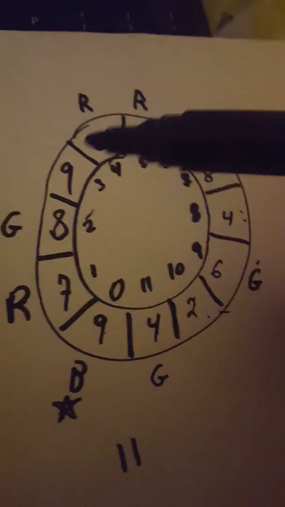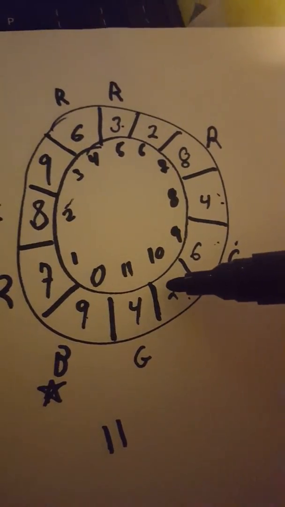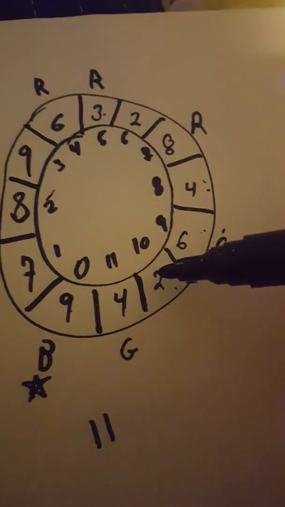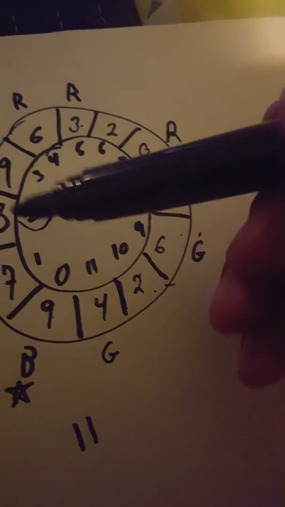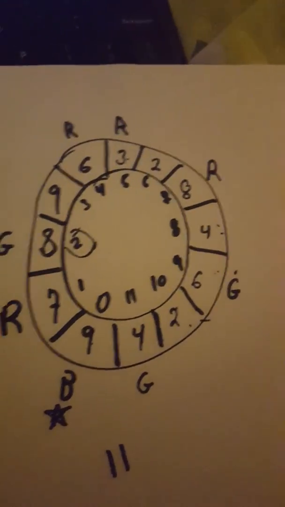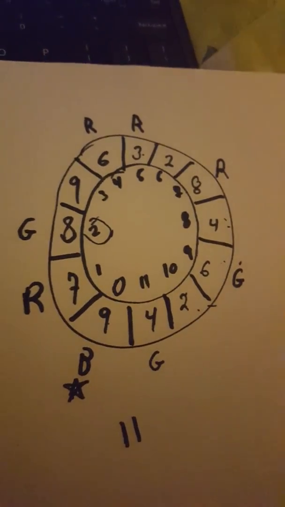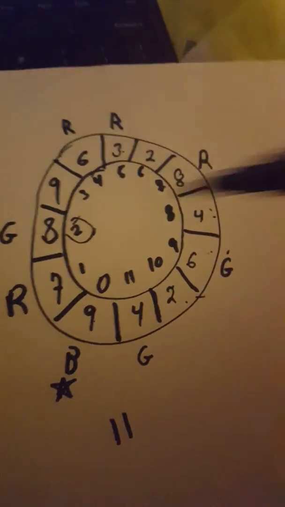So 8: 1, 2, 3, 4, 5, 6, 7, 8, and then 2: 1, 2. What's 8 plus 2? 10. What's the index? 2. 10 plus 2 is 12, and 12 is actually 0. This is actually in mathematics what we call the modulus, which is for another video.